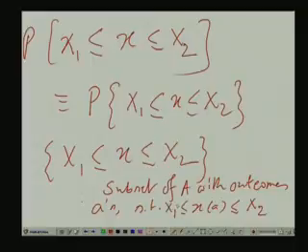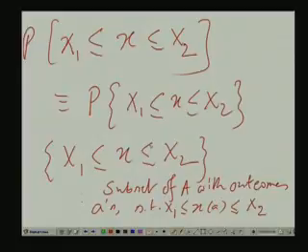That is, from the given set S, you isolate, you find out only those outcomes for which x takes values within this range x 1 to x 2, because with each outcome I have got some value associated as expressed by x, which is actually a function of this outcome. So, I am just collecting all those outcomes, mind you, I am not leaving any, all those elements of the set S, so that for each outcome, if you take the value of the random variable, you get a value within the range x 1 to x 2.